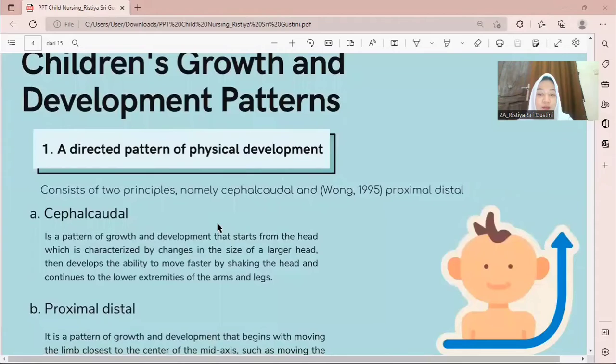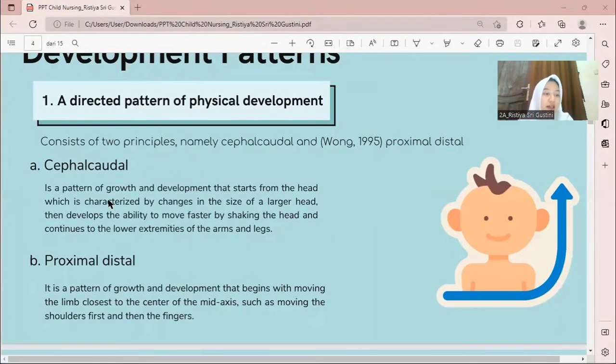Okay, furthermore, the pattern of child growth and development. The first pattern is directed physical development, and there are two principles, namely caudal and proximal distal. This is caudal.